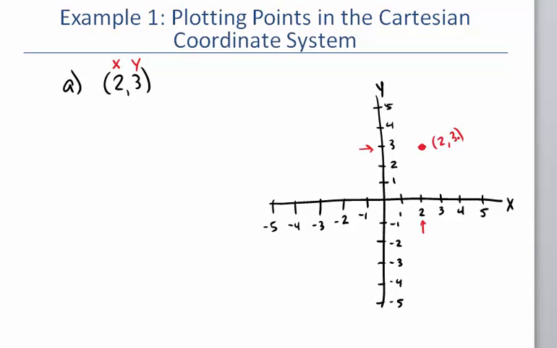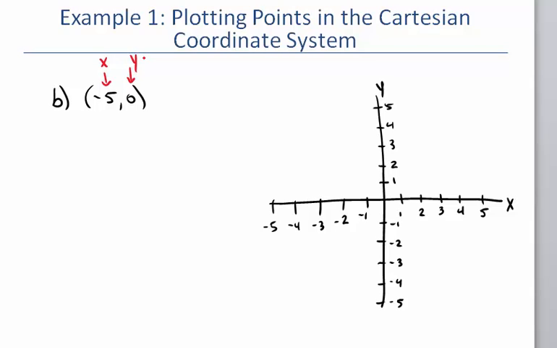Moving to part B, it asks us to plot the point (-5, 0). Again, we have an x value of -5 and a y value of 0.